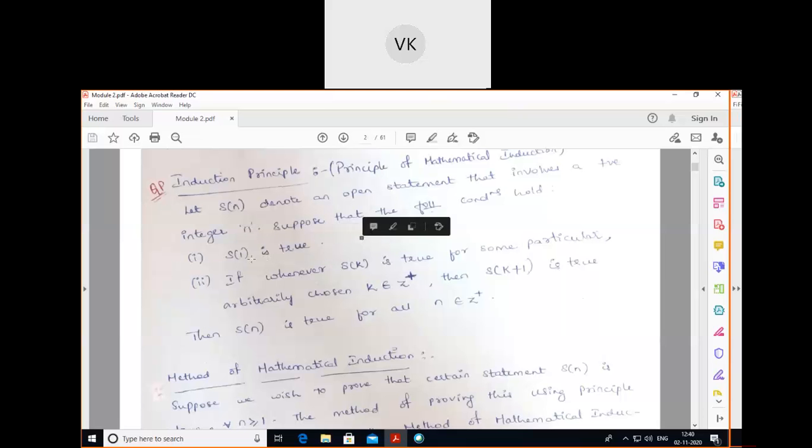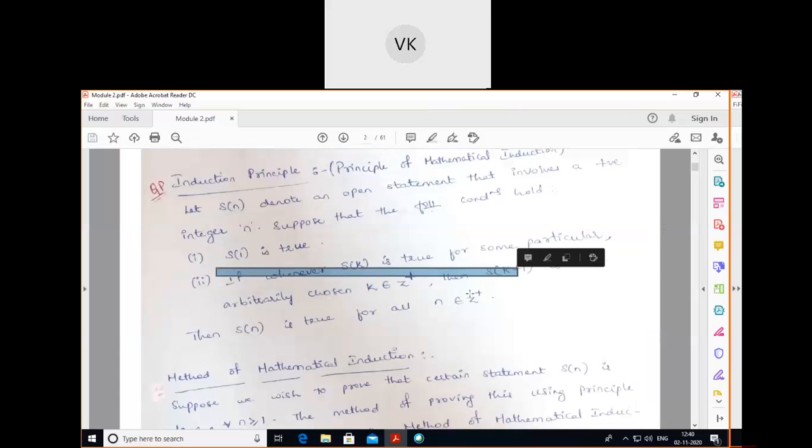And the second condition is what? We are going to replace n by k, and after that, we are going to increment the value of k to k plus 1.